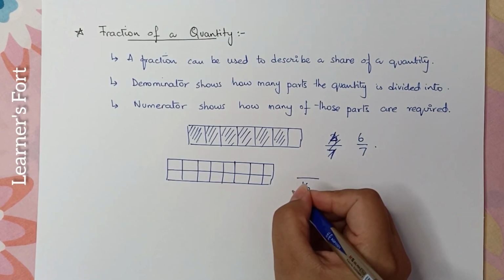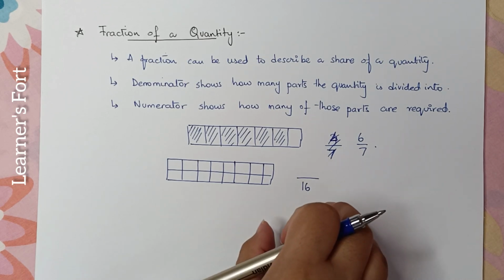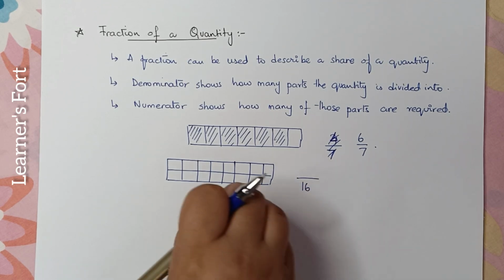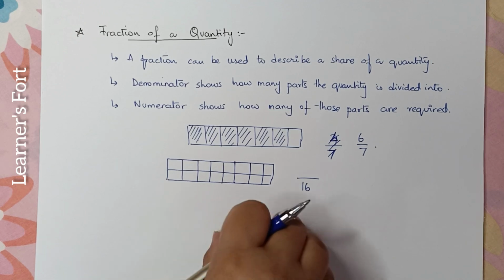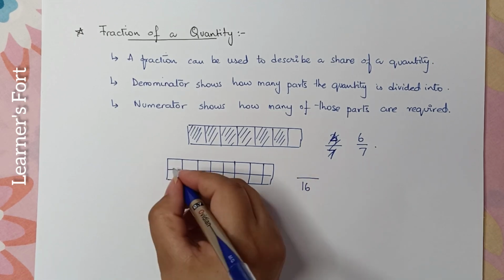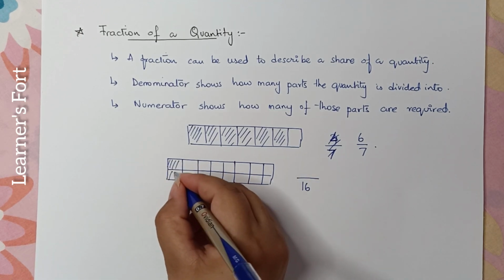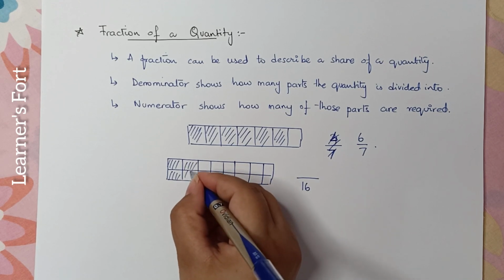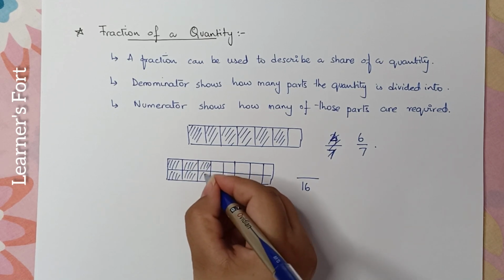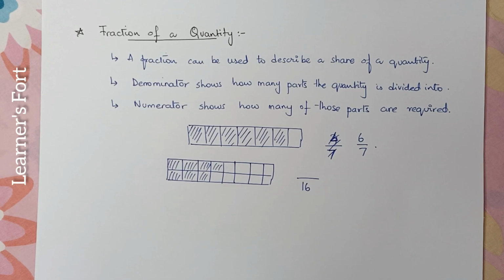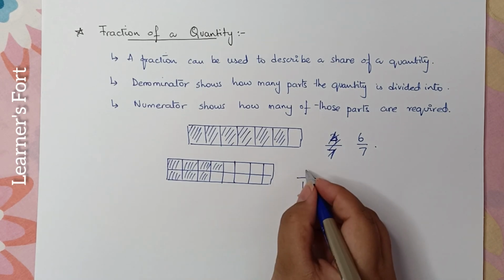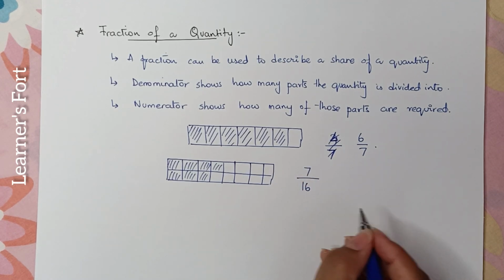So in the denominator we write the total number of parts the shape is divided into. And let's suppose we are considering only 7 parts, or 7 parts are required.